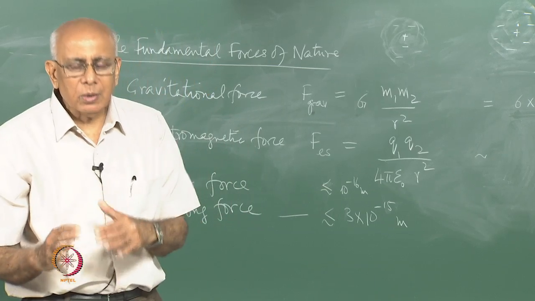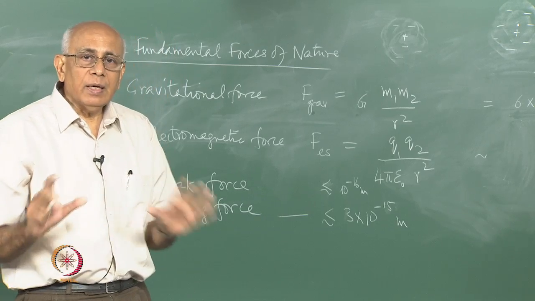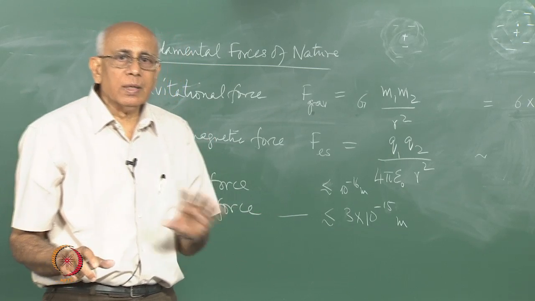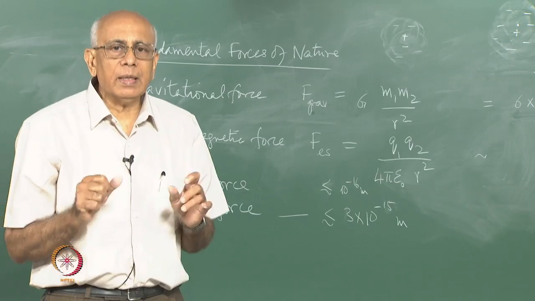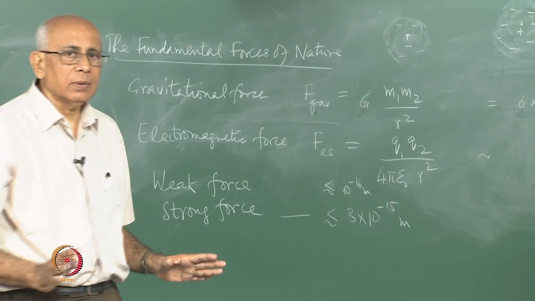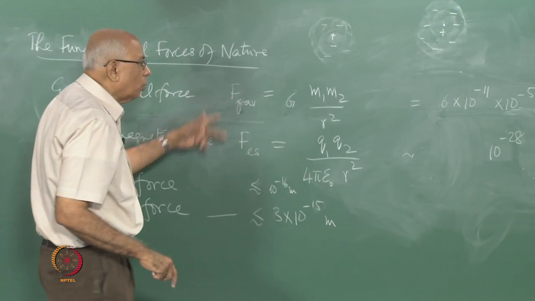Things like the Pauli exclusion principle play a very significant role, but finally in the final analysis they are not strong forces, they are not weak forces, they are not gravitational forces, but they are electromagnetic forces which control the behavior of most objects around us. Okay. So these 2 forces in that sense are extremely crucial.